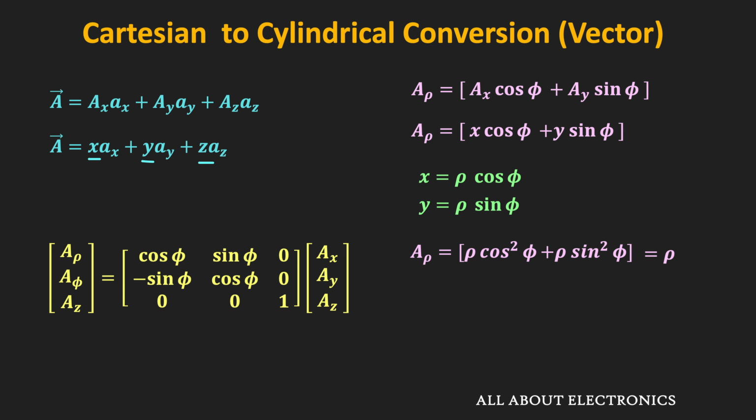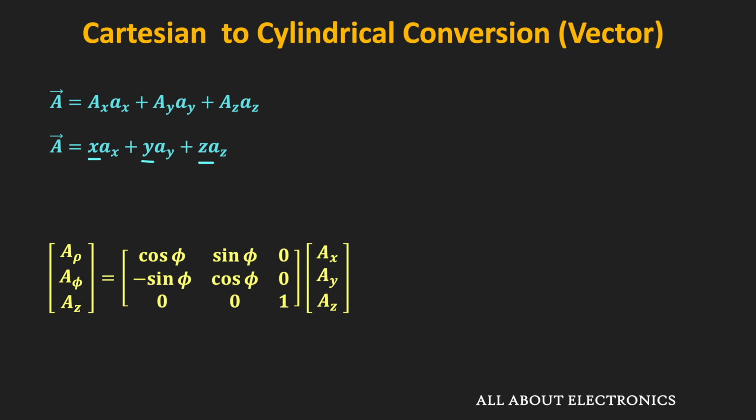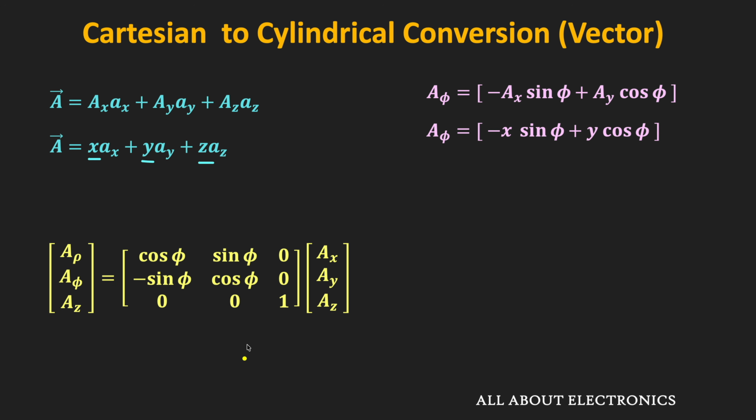Similarly, let us find the a phi. As per this transformation matrix, this a phi can be given as minus ax sin phi plus ay cos phi. So once again, if you put the values of ax and ay, then this a phi expression can be written as minus x sin phi plus y cos phi. Once again we know that x is equal to rho cos phi while y is equal to rho sin phi.